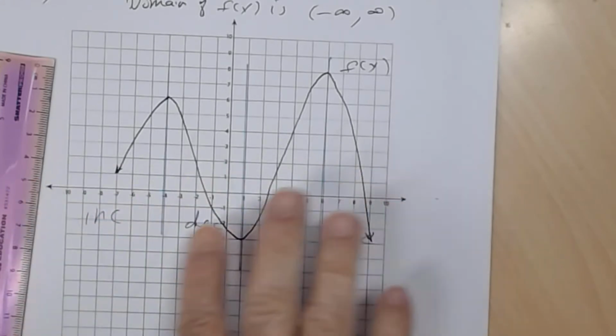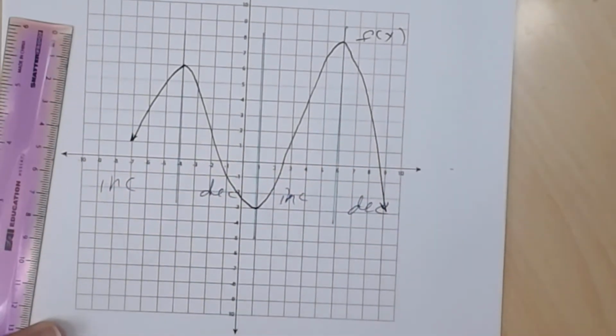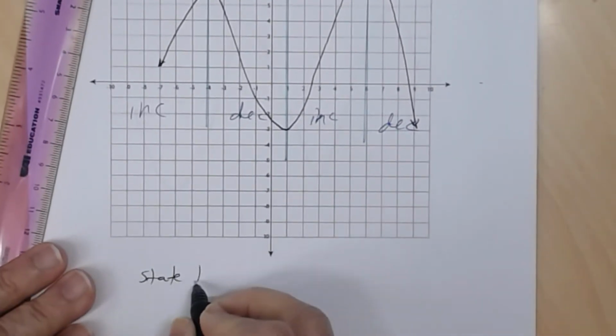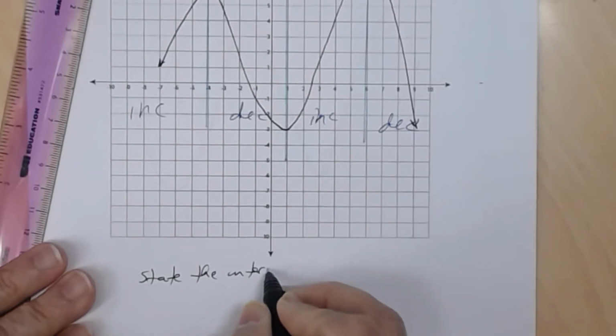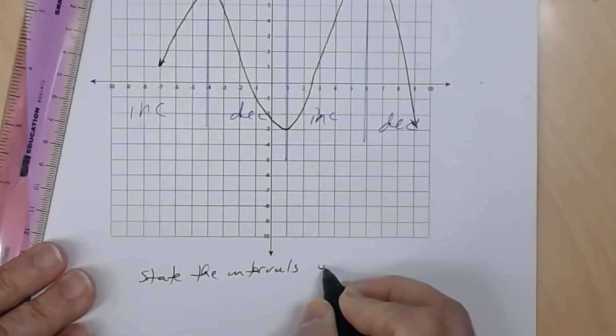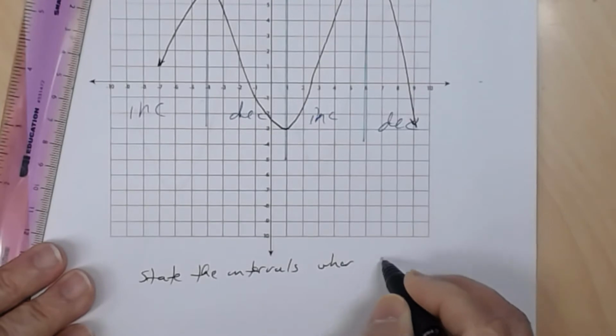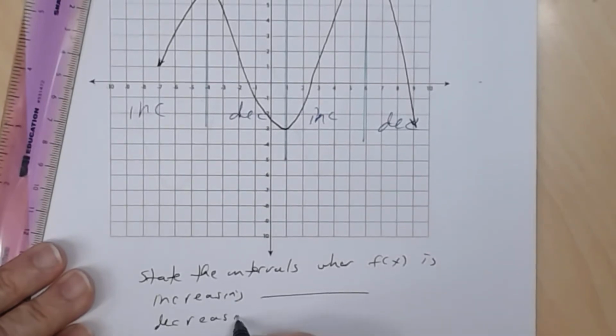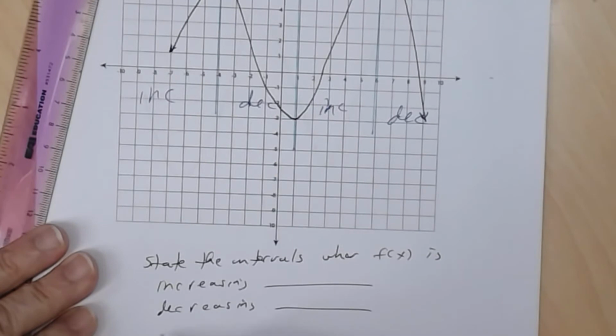And that's your hard work, and the rest is just writing the answer to the question. All right, so the question is going to be this: state the intervals where f of x is increasing, decreasing, constant.